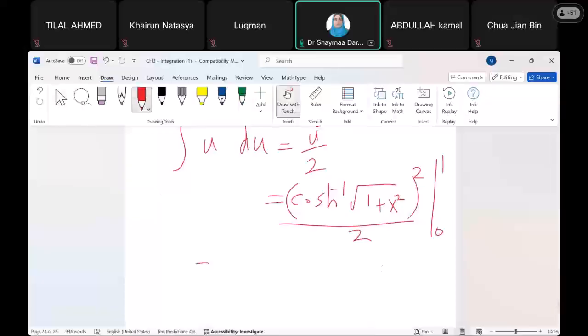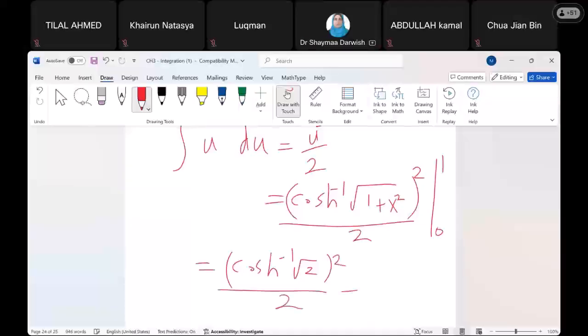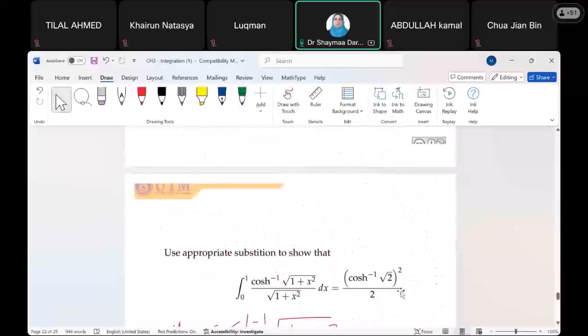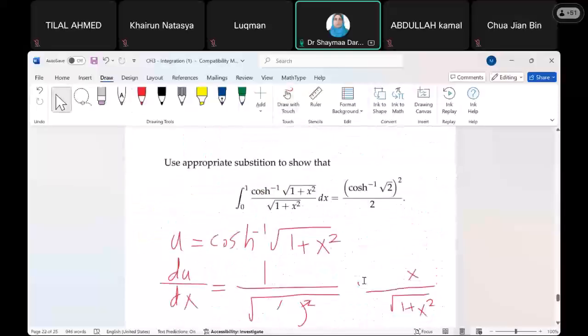This will be equal to cosh inverse of square root of 2, squared over 2, minus cosh inverse 1. When you substitute x equal to 0, cosh inverse 1 is 0. So this is equal to this part.